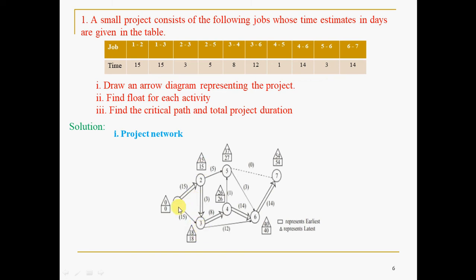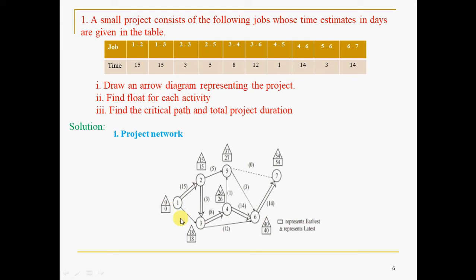Now 3. Let us go in the order. 1, 2 is over, now 3. How to fill the square box value of this? To reach 3, you have 2 routes. You can come 1 to 2 to 3, or 1 to 3 directly. If you reach from 1 to 3 directly, what is the duration? 0 plus 15. That is Ti plus Tij that we discussed in the previous concept.